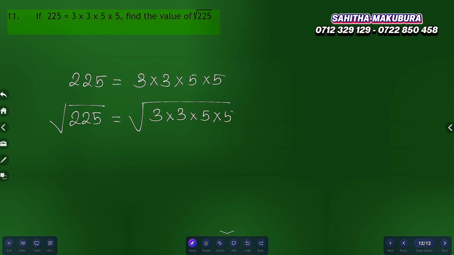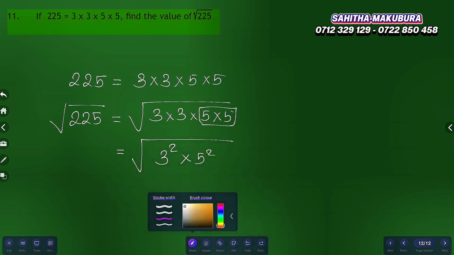This 3 times 3 I can write as the second power of 3. 5 times 5 I can write as the second power of 5. The second power of 3 into the second power of 5.